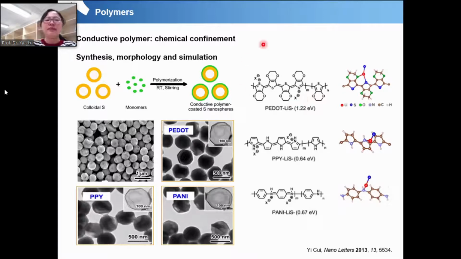In their study, they use three types of conductive polymer: PEDOT, polypyrrole, and polyaniline. In all cases, you can see that after the coating they still form such a hollow particle structure, and you have a very nice layer of conductive polymer, as can be seen here.